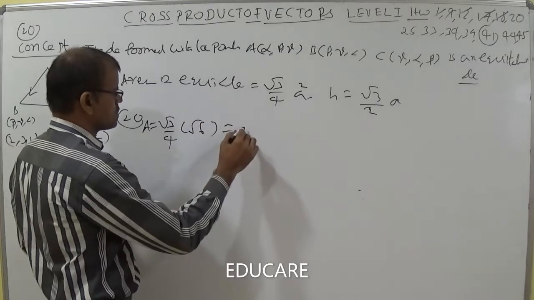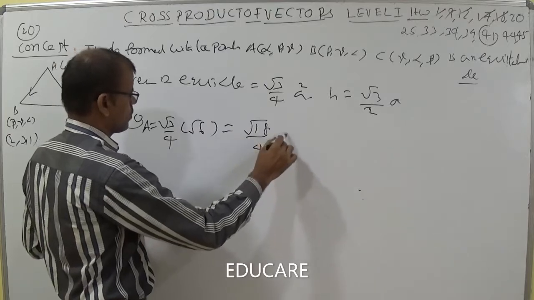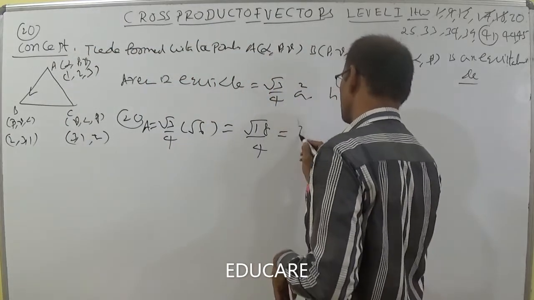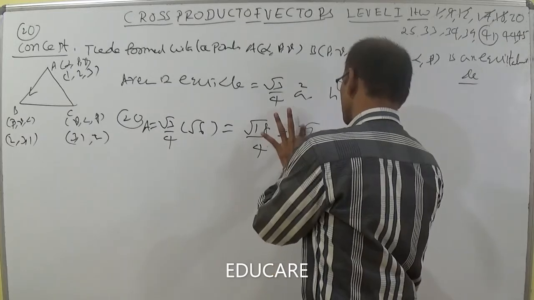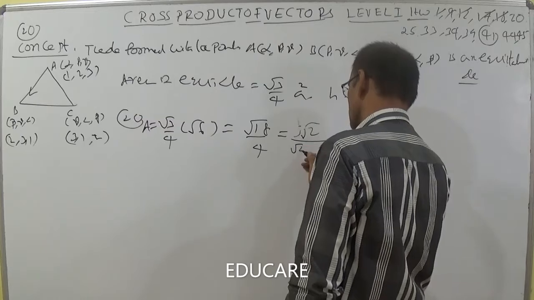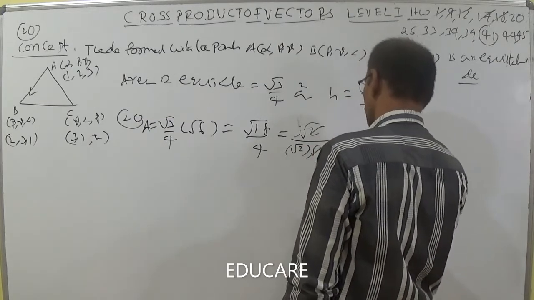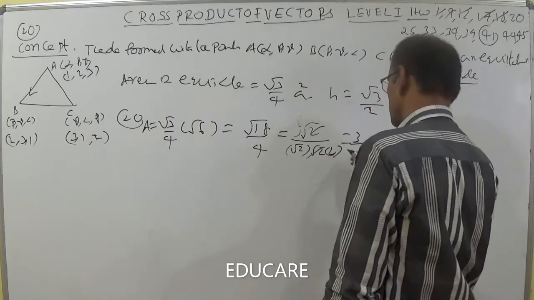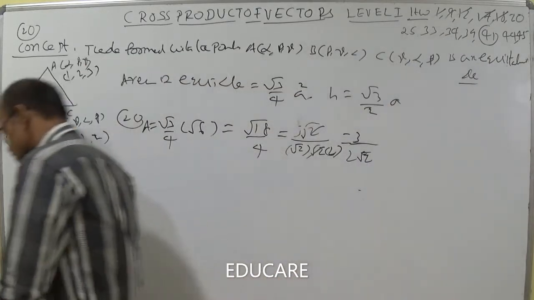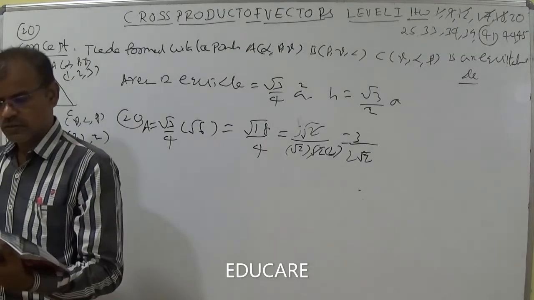So this you can write as root 18 by 4. According to the option, root 18 can be written as 3 root 2, so 3 root 2 by 2. He has given the answer as 3 by 2 root 2, the area in the 20th question.